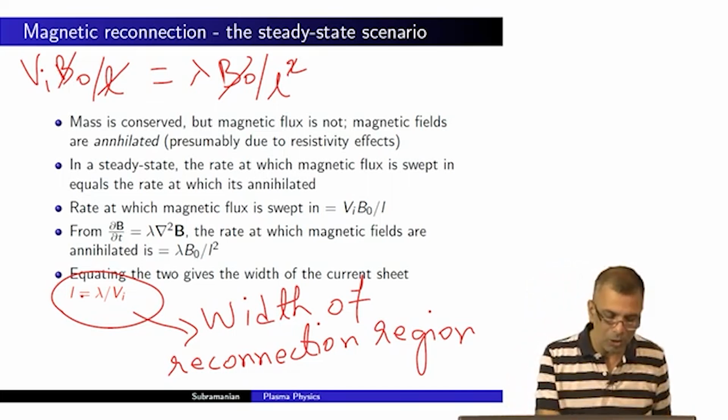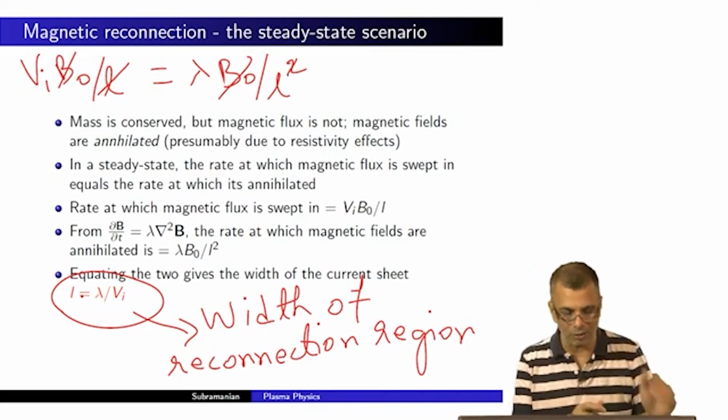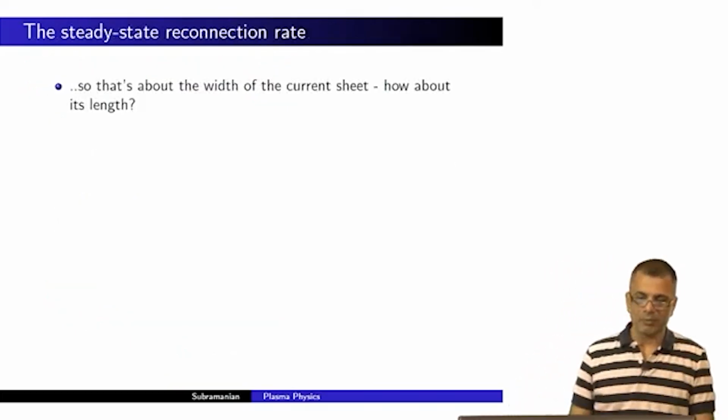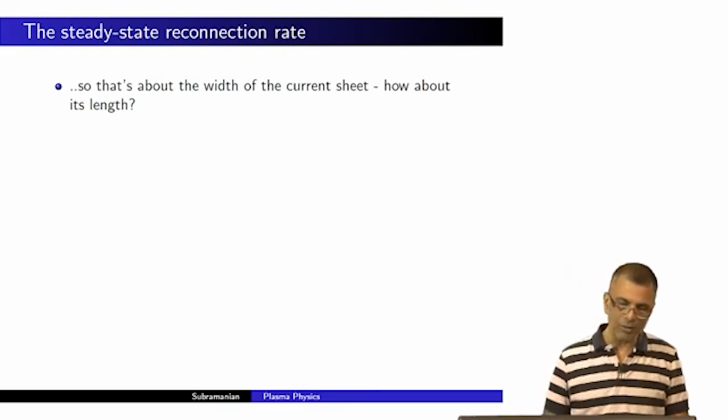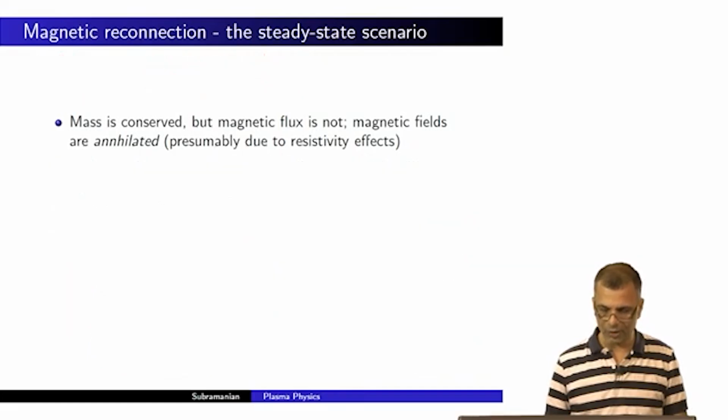Also, the smaller the inflow velocity, the thicker the reconnection region. That is what this formula is telling us. So, that is about the width of the reconnection region, this quantity.